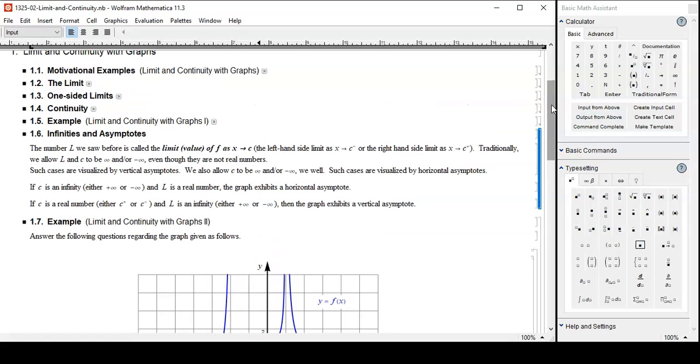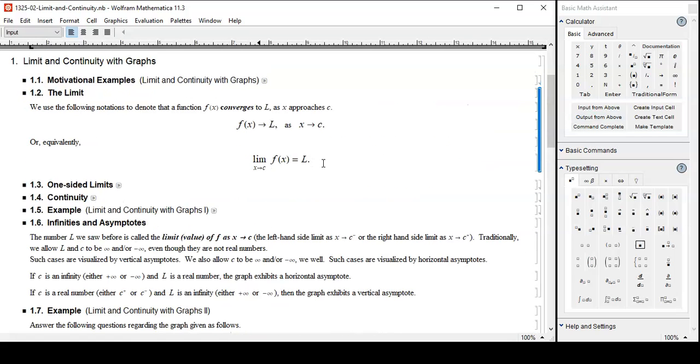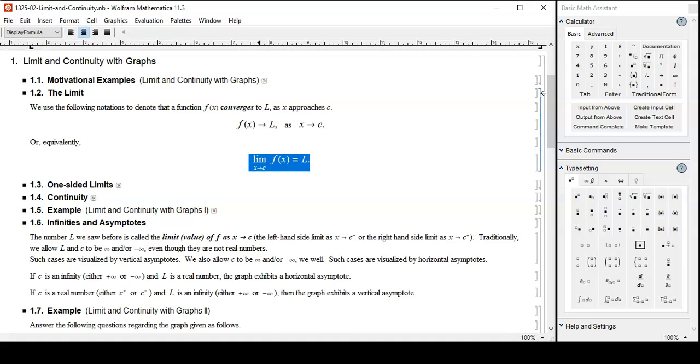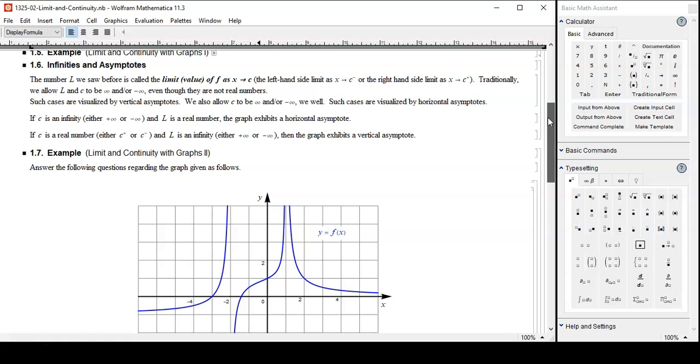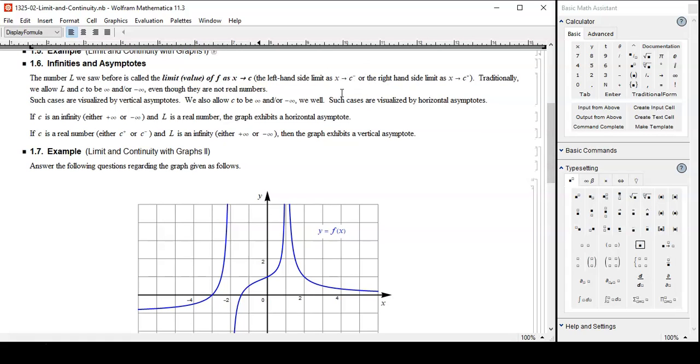You see, the limit here, this expression here, or one-sided limit, this expression here, or there, L1 or L2, those can be infinity, positive or negative infinity. So as I approach the C from the left-hand side or the right-hand side, function value may go up to positive infinity or negative infinity. I mean the y-coordinate is blowing up to positive infinity up or negative infinity down. That's when we have vertical asymptote.